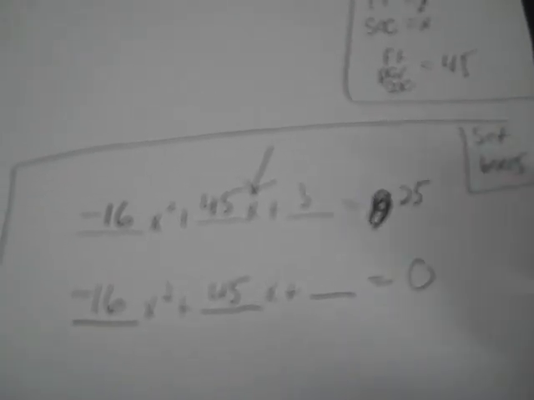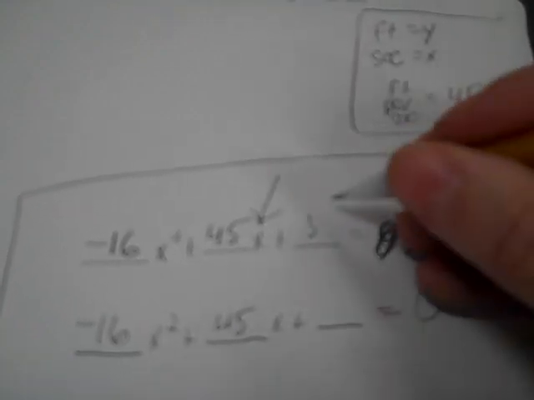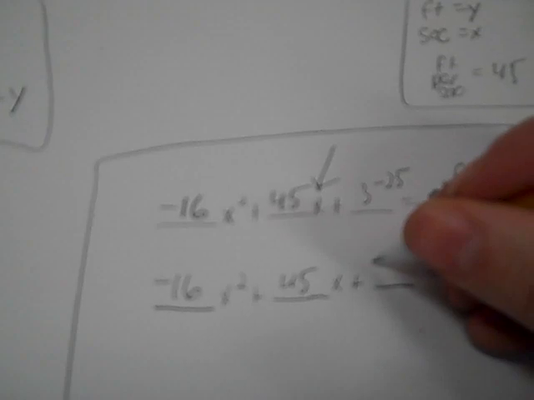Now for non-x's, we have 3 and 25, but I have to combine them. They have to be on the same side. So I put a plus 25 and I subtract it, and now I have 0. But then I have to subtract it after 3. So I take positive 3 minus 25 is negative 22. Okay, so now I set up my boxes.